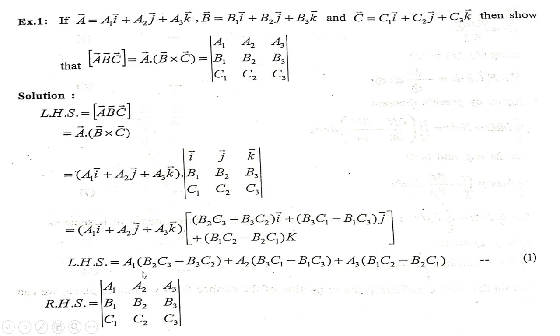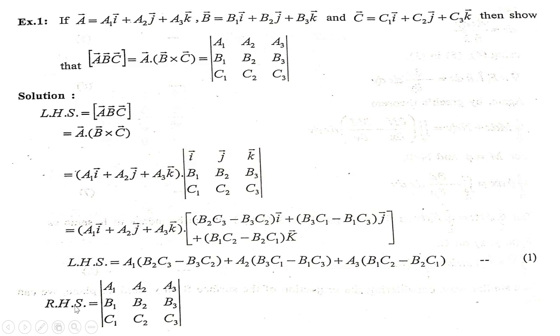So LHS is equal to a1 into (b2 c3 minus b3 c2) plus a2 into (b3 c1 minus b1 c3) plus a3 into (b1 c2 minus b2 c1).